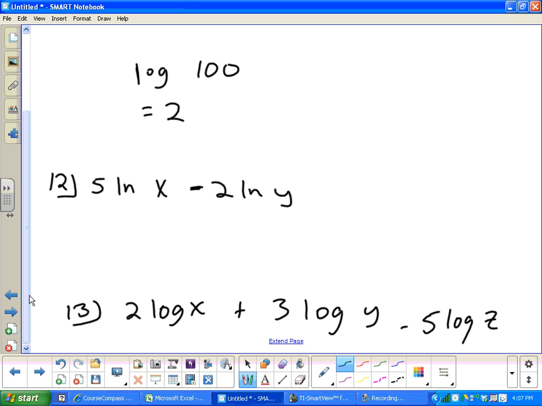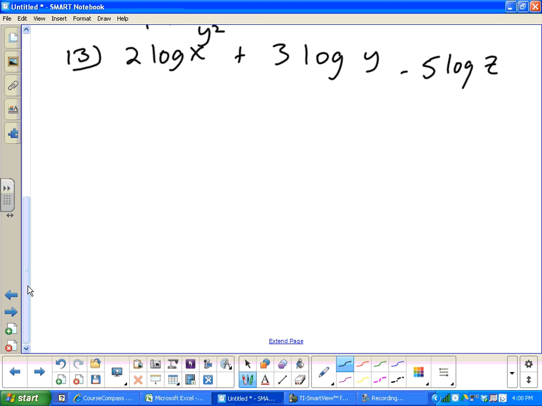So I'm going to move the 5 right here and then the 2 right here to my exponent. So this is going to be the natural log of x to the 5th minus the natural log of y squared. Okay, now let's use our quotient property. And so what we're actually going to do with x to the 5th now and y squared is divide them. So now it'll be a single logarithm. The natural log of x to the 5th divided by y squared.